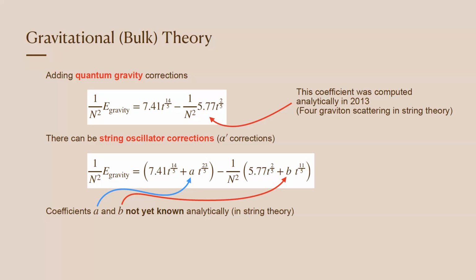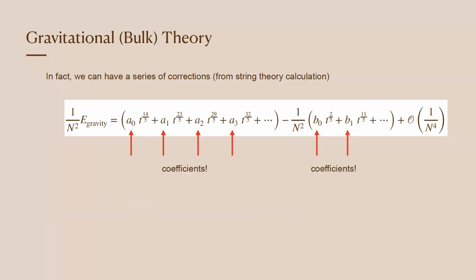They are coming from this. They can add these contributions to the internal energy of the black hole. The coefficients A and B are not yet known analytically in string theory, because it's not easy to compute. So we can have a series of corrections from string theory that go like this. There are lots of coefficients.